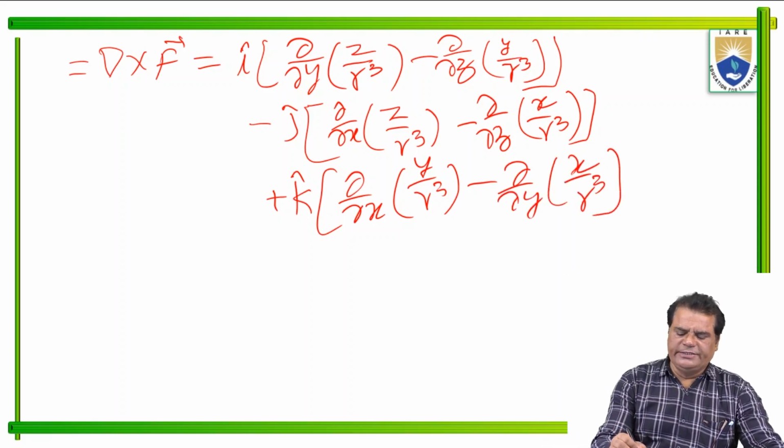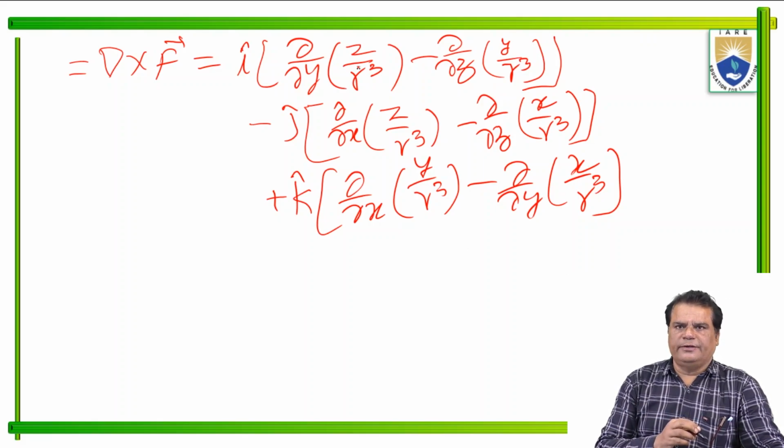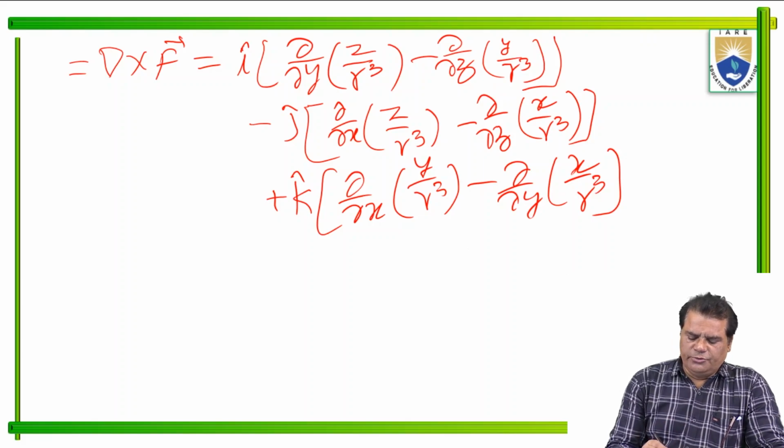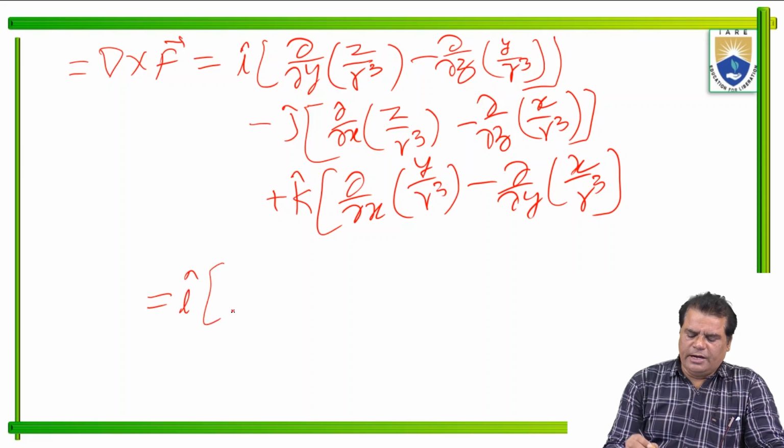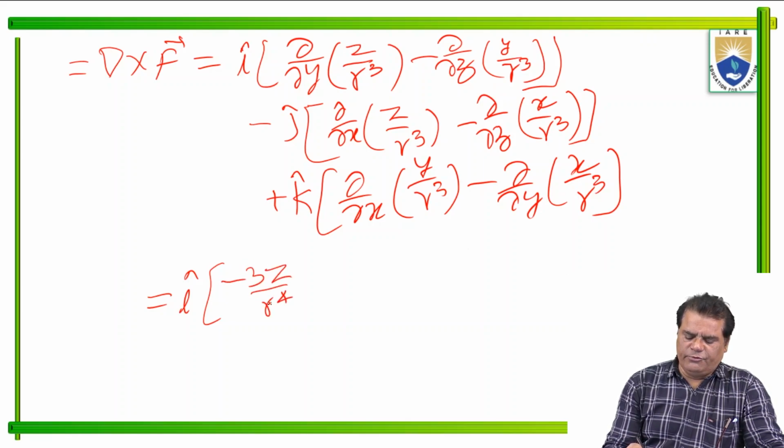So now differentiating this by the formula, after solving, i cap: now this r cube means r taking numerator minus 3. So here z is constant, so minus 3z upon r to the power 4 and dou r over dou y.